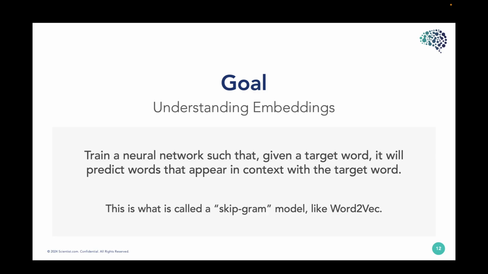If that doesn't make sense, don't worry, because we're going to go into a lot of detail about what that means. This is what's called a skipgram model. It's used by a program called Word2Vec. That was one of the first programs that I encountered word vectors in. There are other models. Some of them flip it on its head and do everything backwards.